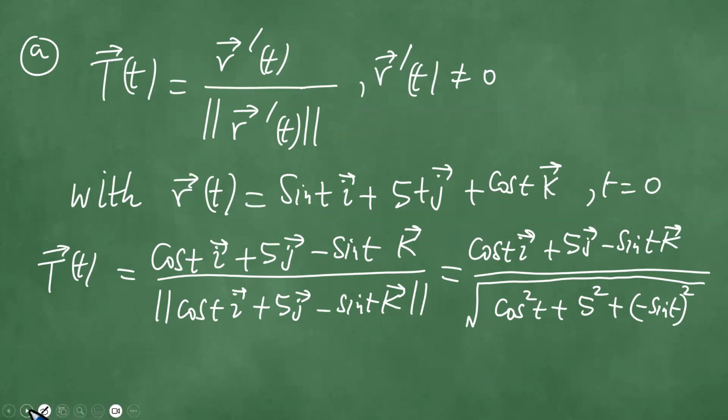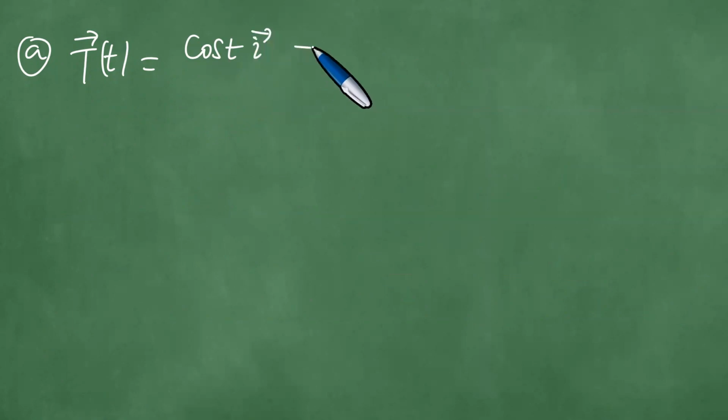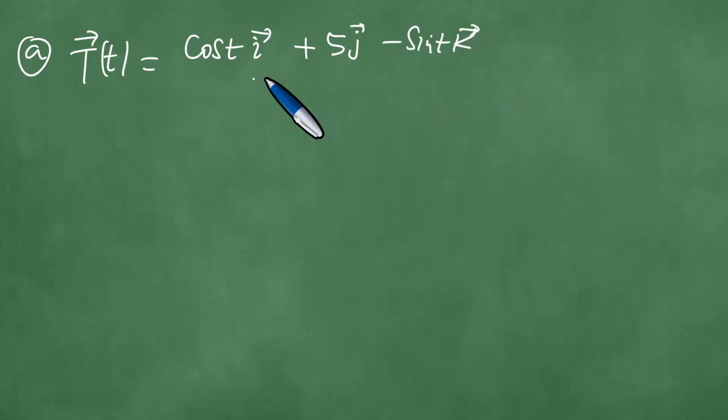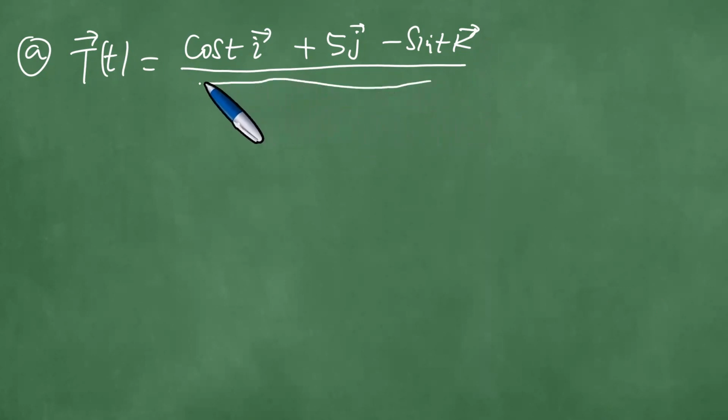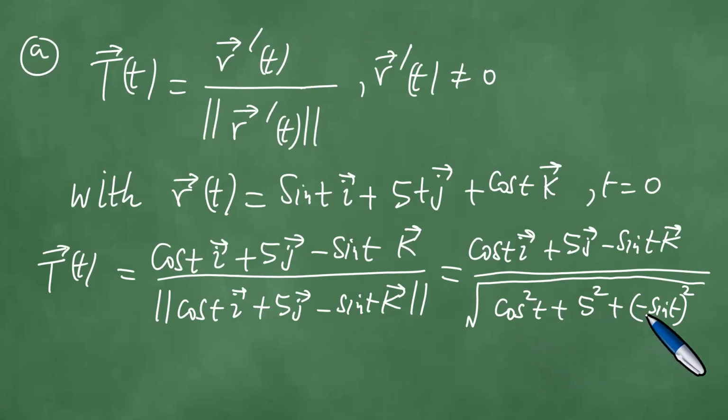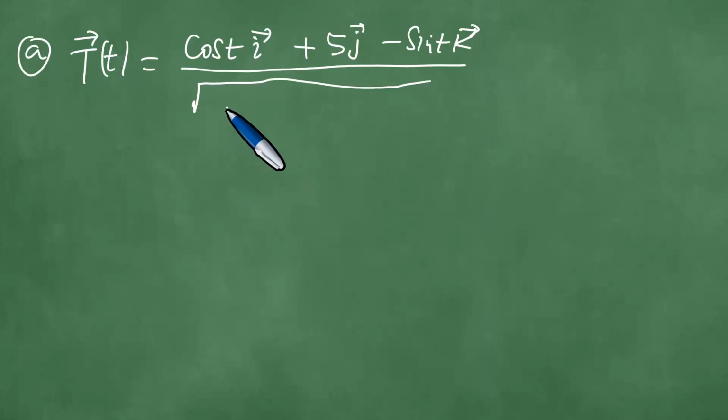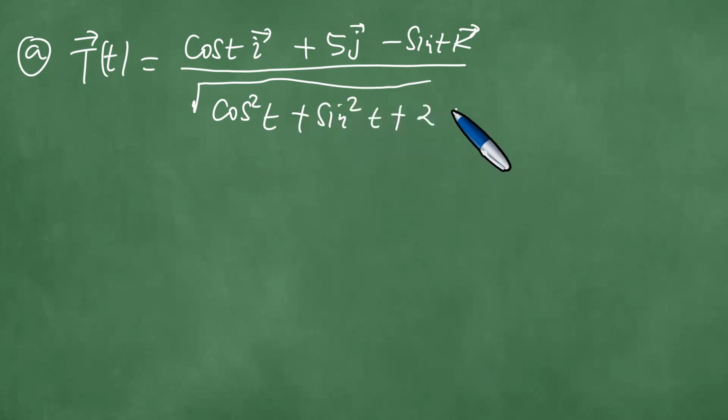So it then means that for the part A, we are still finishing the vector T of t, which is exactly the same as cosine t i plus 5j minus the sine of t k divided by, right, if you look very carefully, cosine squared t plus sine squared t plus 25.